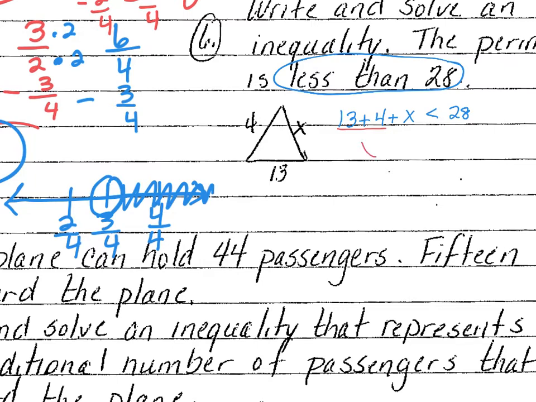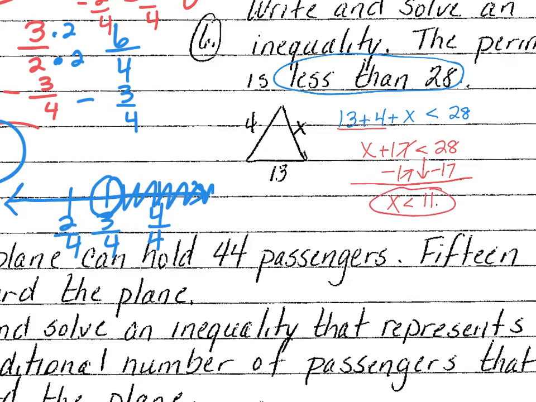So we're going to write x plus 17 is less than 28. How do we solve? Well, we put our wall up. They're adding 17 to x, so we're going to subtract 17. These cancel out and we get x is less than 11, right?